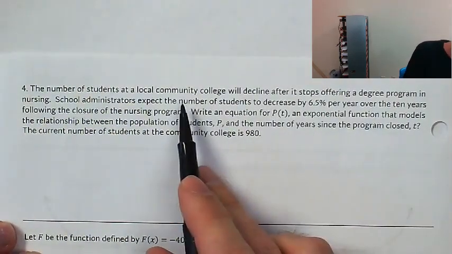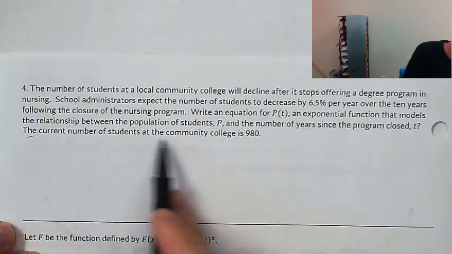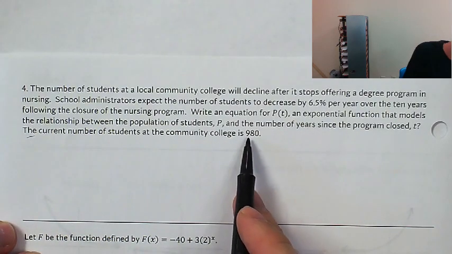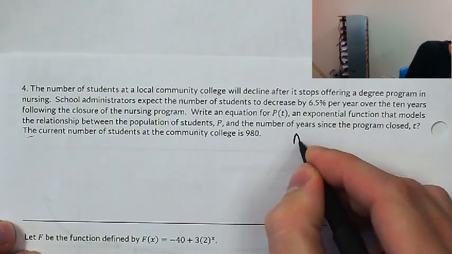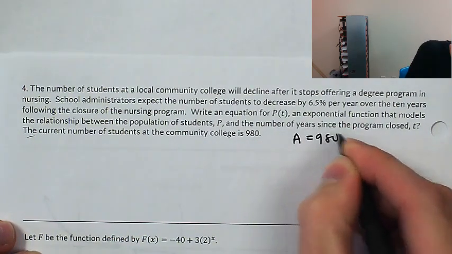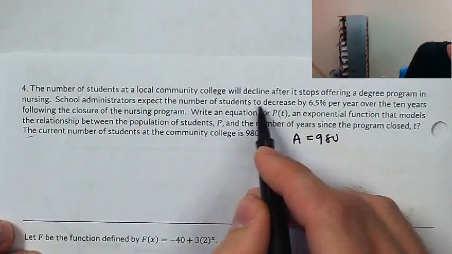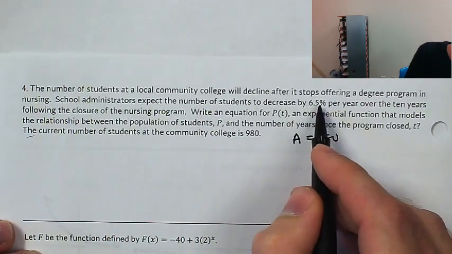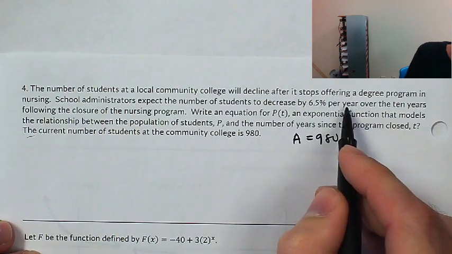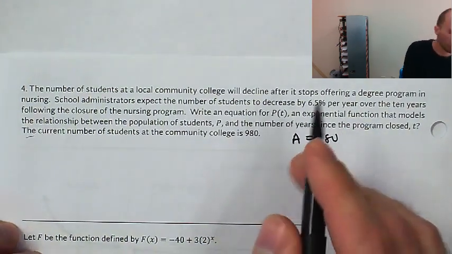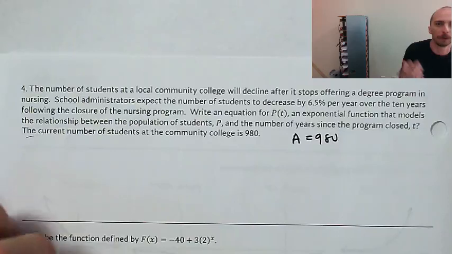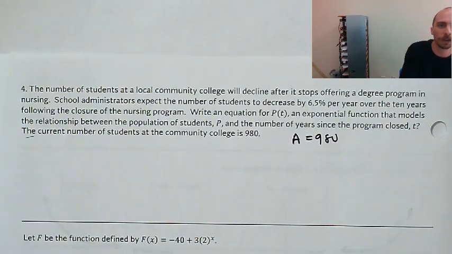Okay, the current number of students at the community college is 980, so the starting value is 980. The number of students is going to decrease by 6.5% per year because they're not offering a nursing program anymore. I was trying to think what would cause a college's population to decrease that I could put on a quiz: not offering a degree anymore.